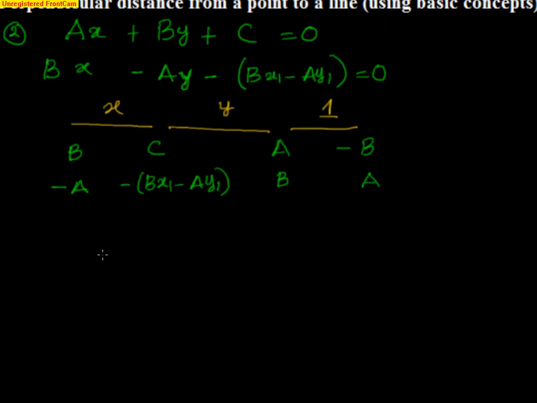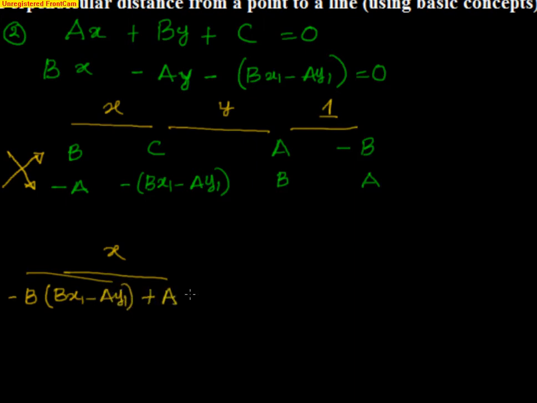So for the next step, I'm going to do cross multiplication. I'll go down first, then I'll go up. So this becomes b, minus of b into bx1 minus ay1. I'm just simply doing cross multiplication. There is nothing new there, you are already aware of that.